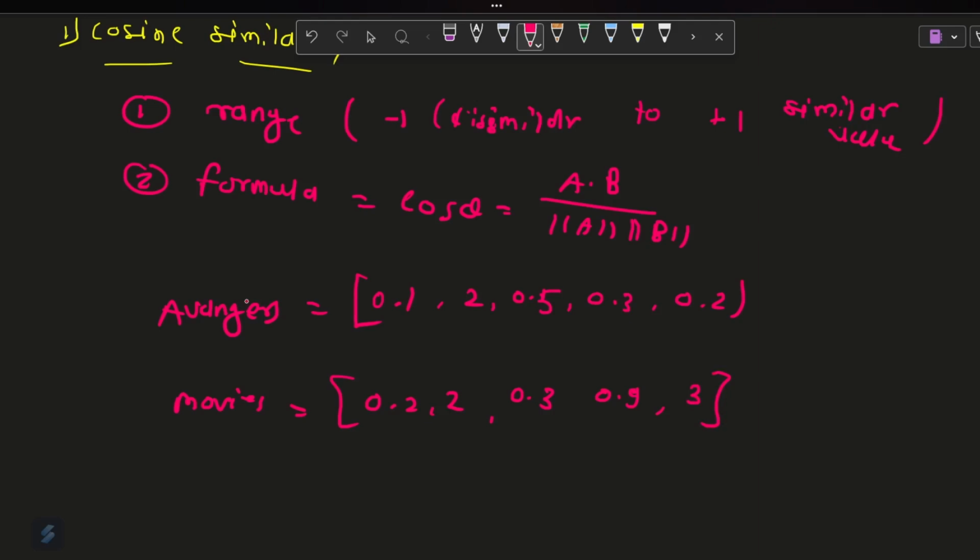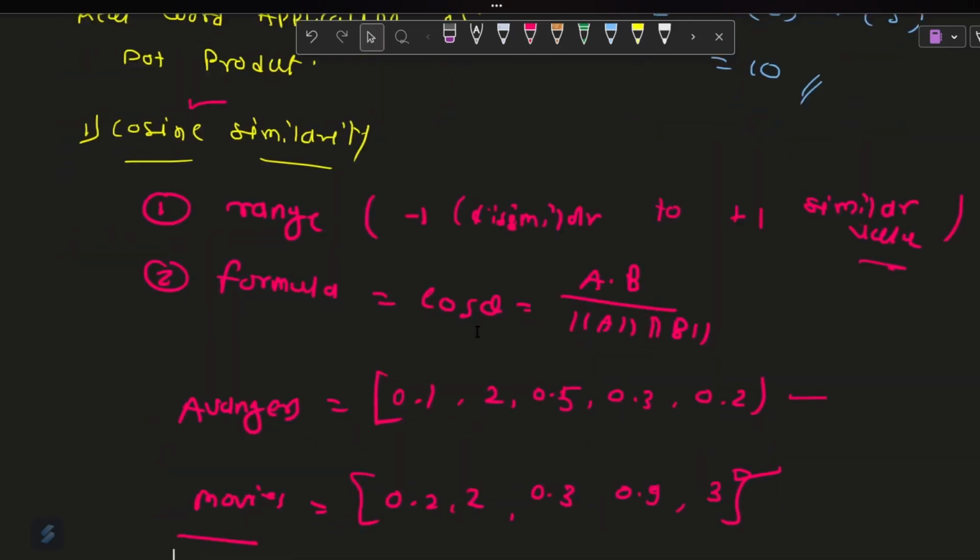First we get the dot product of both, and then calculate the magnitudes. The result ranges from -1 to 1 and decides how similar that movie is to Avengers. After you watch Avengers, it decides whether to recommend the second movie to you or not. This is cosine similarity.